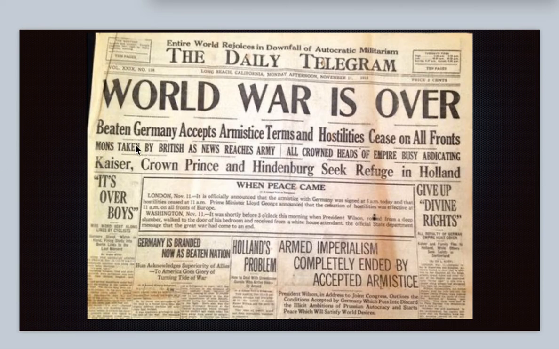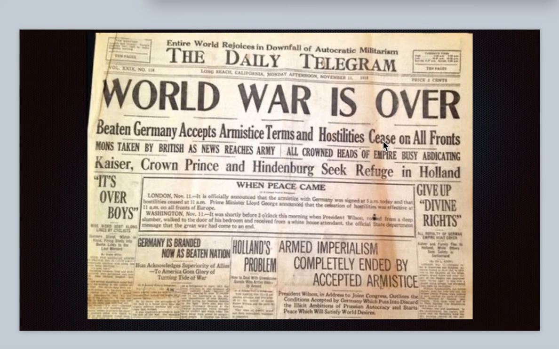And it says, beaten, Germany accepts armistice terms and hostilities cease on all fronts. So basically what that means is Germany was beaten and they accepted the terms of the agreement to stop the war, and fighting stopped on all fronts.